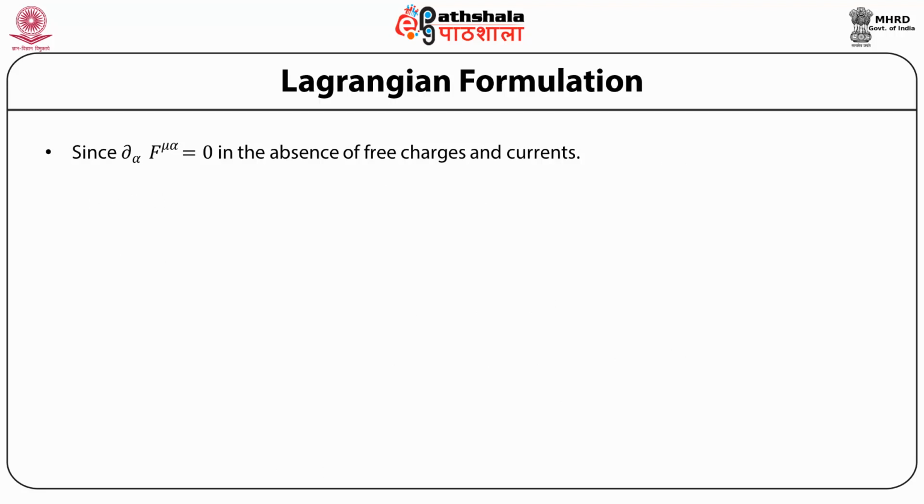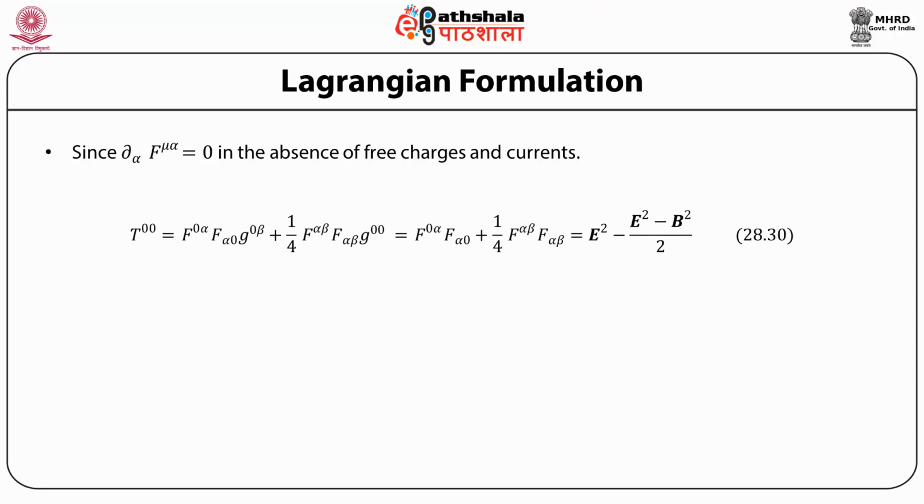Since del alpha F mu alpha is equal to 0 in the absence of free charges and currents, T00 is equal to F naught alpha into F alpha naught into G naught beta plus 1 by 4 F alpha beta contracted with F alpha beta G naught naught.